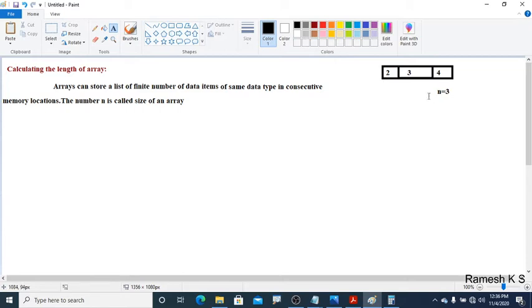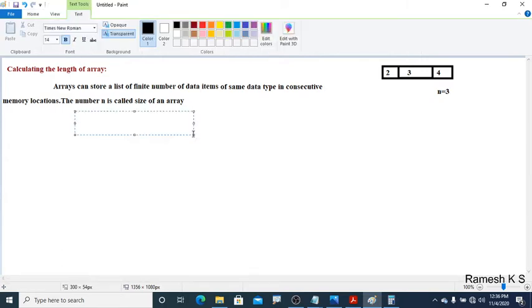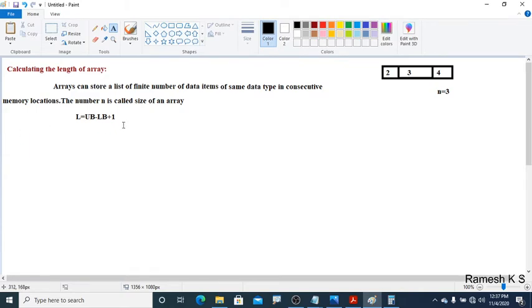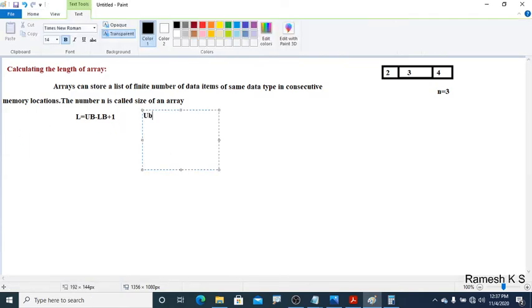Now I am calculating the length of an array with the help of the following formula. The formula is L is equal to UB minus LB plus 1. UB means the upper bound, which is the largest index, and LB is the smallest index.